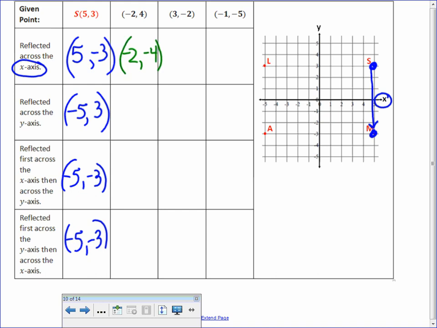We're reflecting it over the y-axis. My x-coordinate becomes the opposite, and my y-coordinate stays the same. If I'm reflecting it over the x and the y, which coordinate do we take the opposites of? The opposite of -2 is 2. The opposite of +4 is -4.